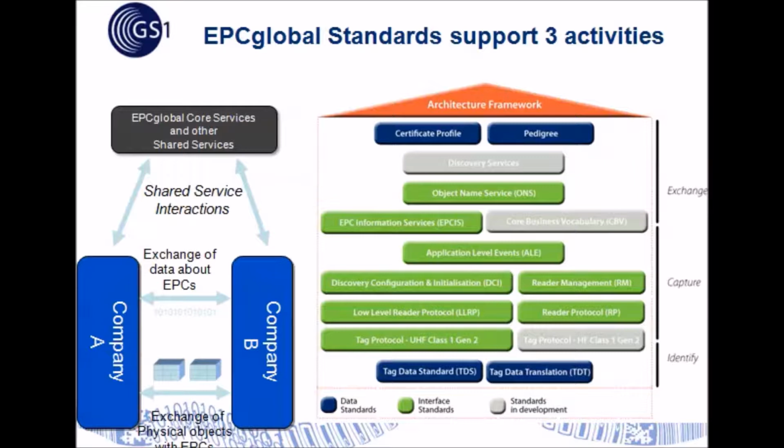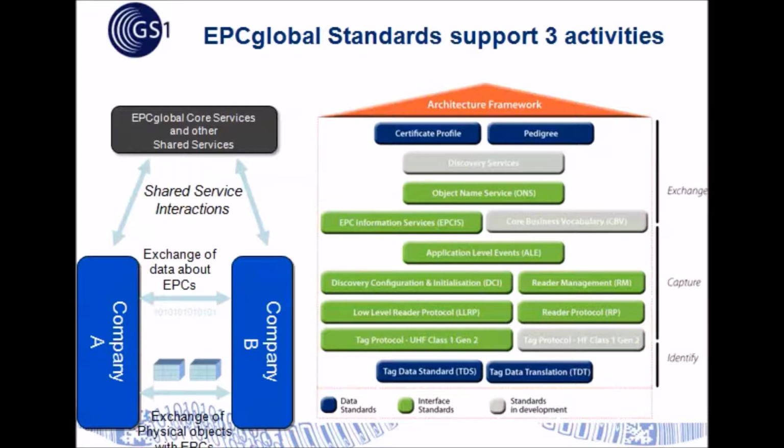EPC Global standard supports 3 broad activities within the EPC Global architecture framework. Again, there are 3 broad activities for us to implement the RFID system. The first is to identify individual product cases, lots, assets, so that they can be tracked individually. The first will be identify.